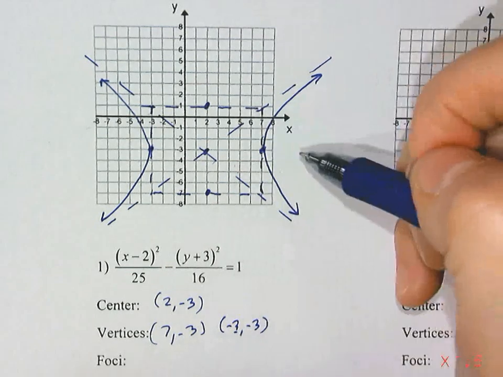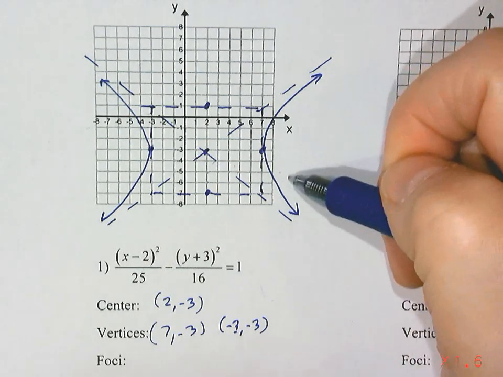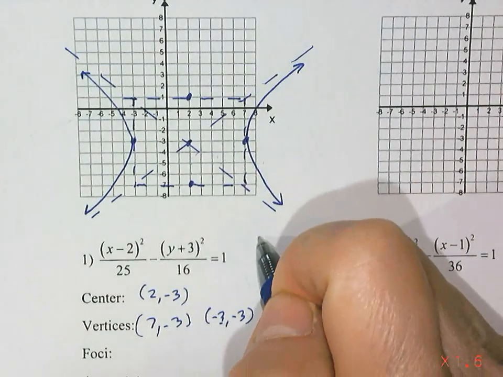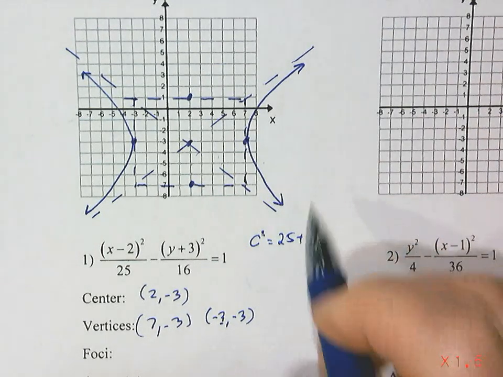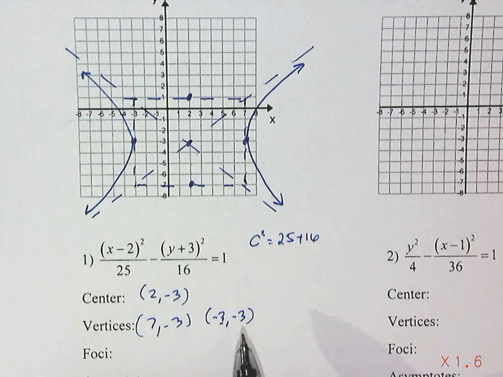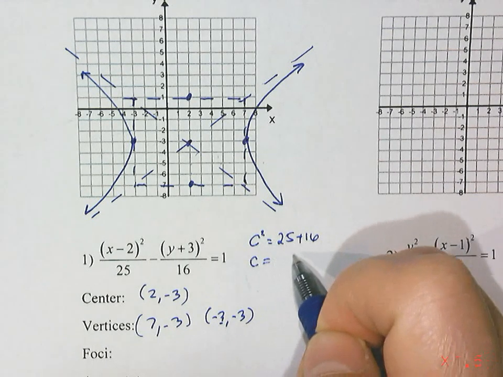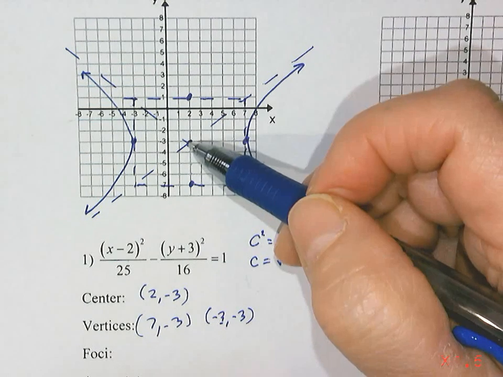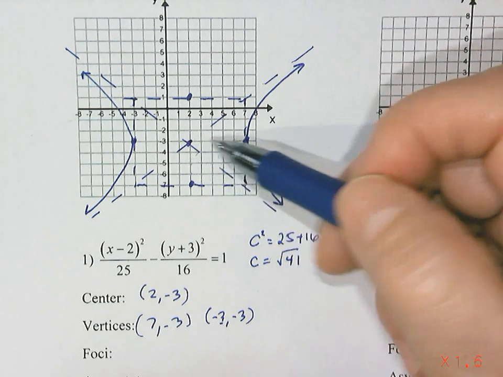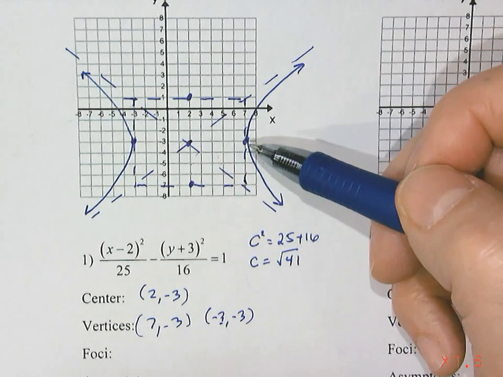The focus points, remember, are going to be inside here. So I need to find the value of c. So I know c squared equals 25 plus 16. 25 plus 16 is 41. So c is equal to the square root of 41. So that means from the center, I have to go a distance of the square root of 41.